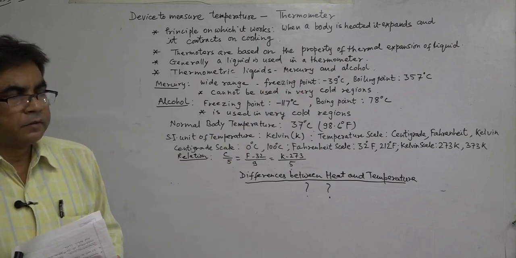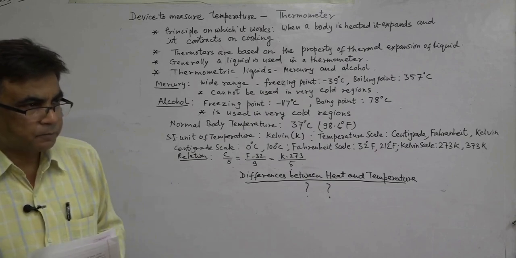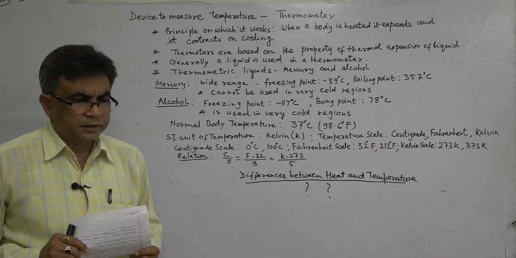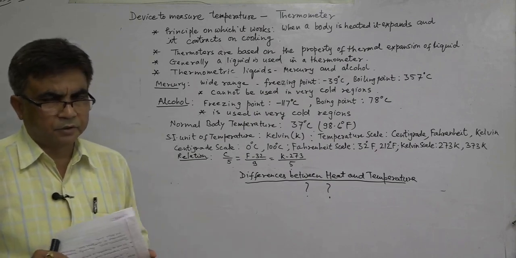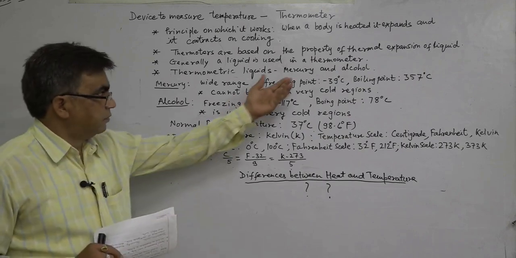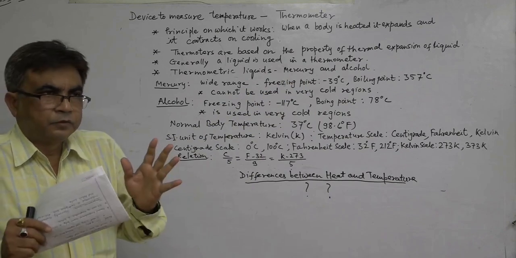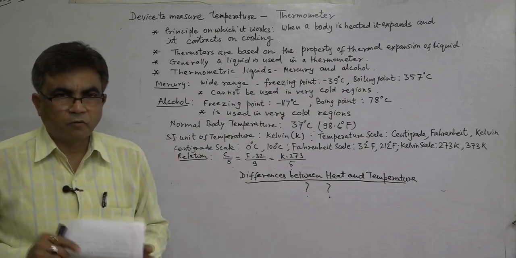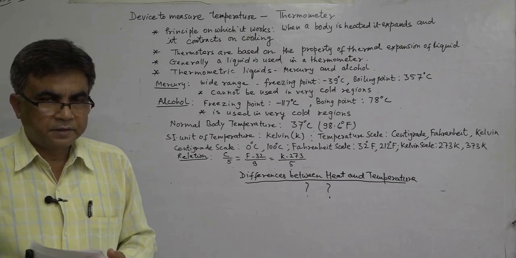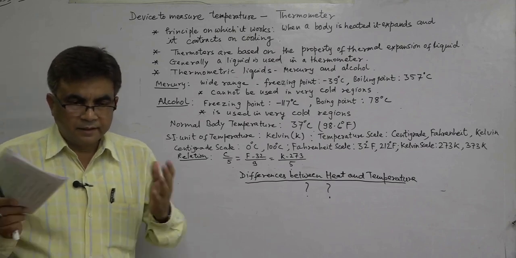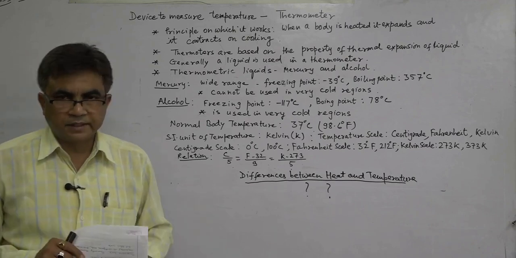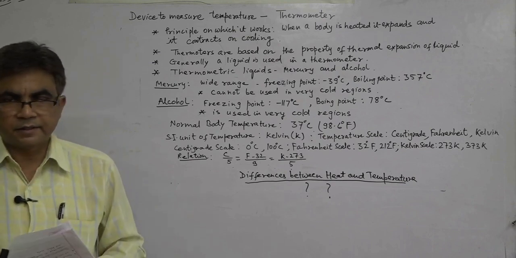In a liquid thermometer generally two types of liquids are used, either mercury or alcohol. You could be asked what are thermometric liquids. Very simple answer: the liquids which are used in the thermometer are called thermometric liquids.